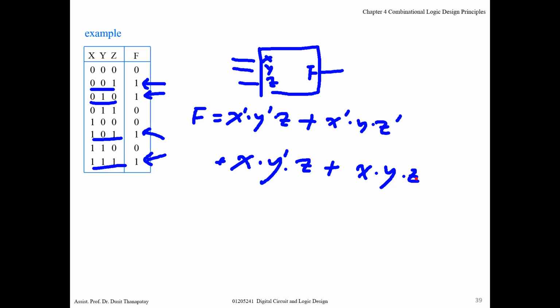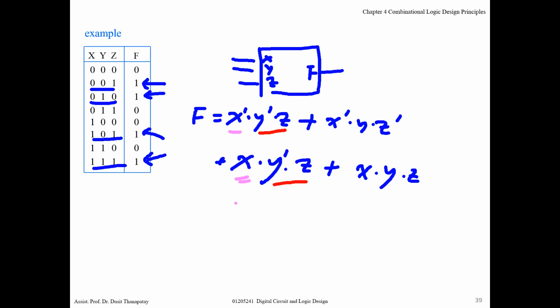Now, if you want to minimize the function, you may use switching algebra theorems, for example the combining theorem. For example, in these terms, y prime z is the same, right? But x prime and x are different, right?